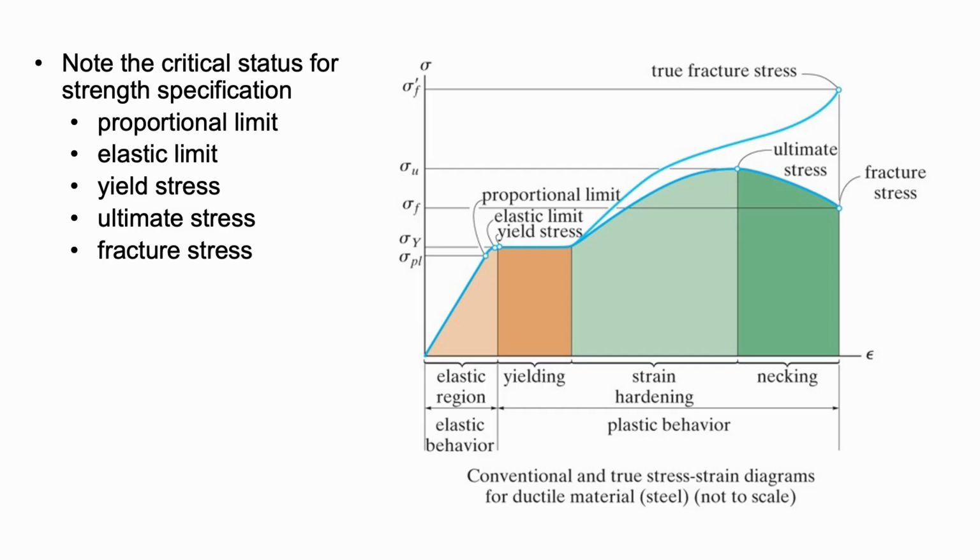So this one is an example of a ductile sigma-epsilon diagram, and we can notice some particular points. Firstly, we have the proportional limit, then the yield stress, yielding, then strain hardening, ultimate stress, and fracture stress. These are the critical points for strength specification.